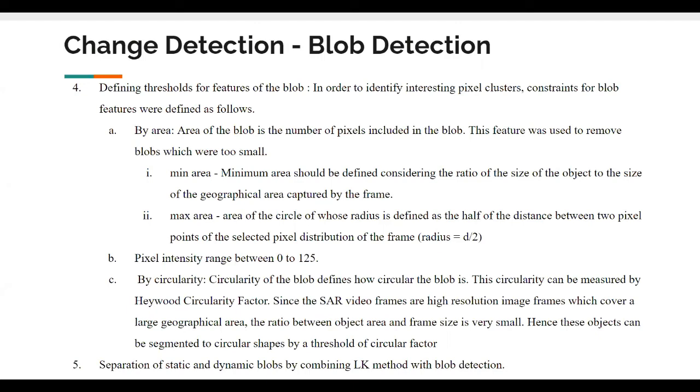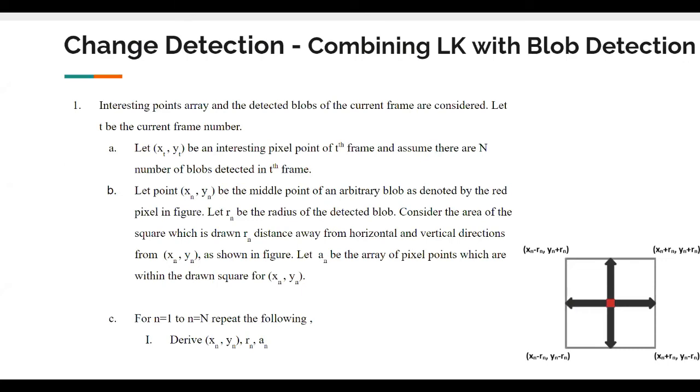In order to separate the static and dynamic blobs, we combine the LK method with blob detection. Any blob which has a moving velocity can be considered a moving object. So this shows how the combined algorithm works.